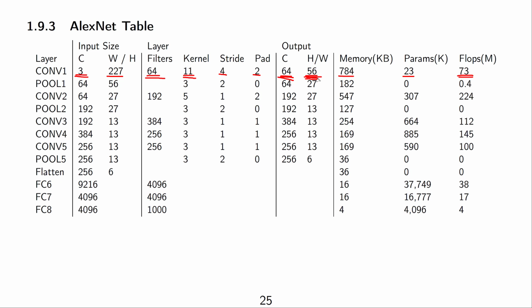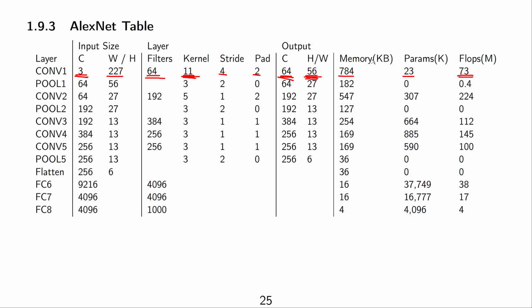And how many computations do we have to do per output value? Well, we'll just count the number of elements in the filter. So we count the filter as 11 times 11 times 3. And then we can ignore the bias and what exactly is this multiply add, and we get a pretty good estimate of 73 million operations.